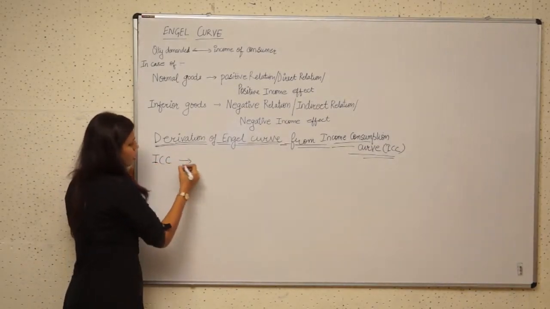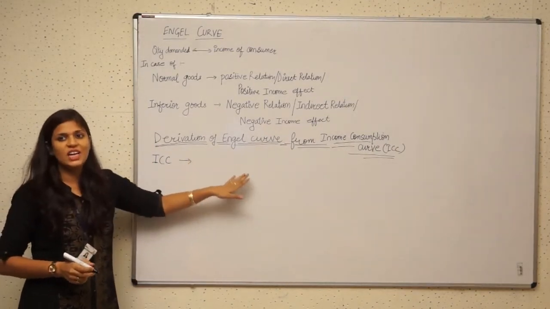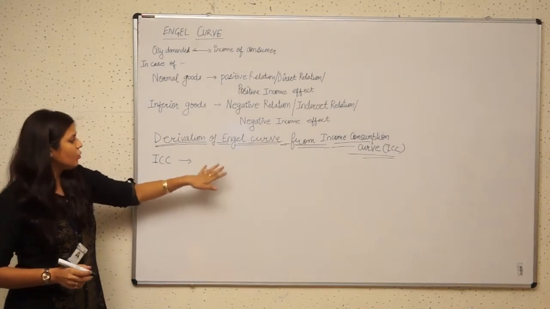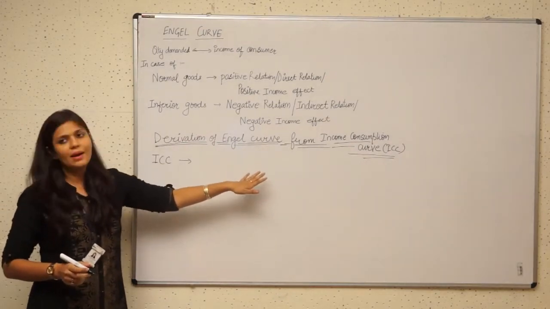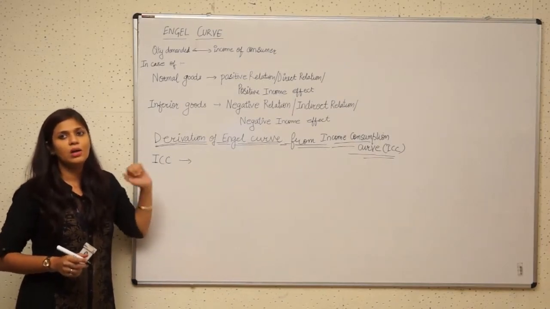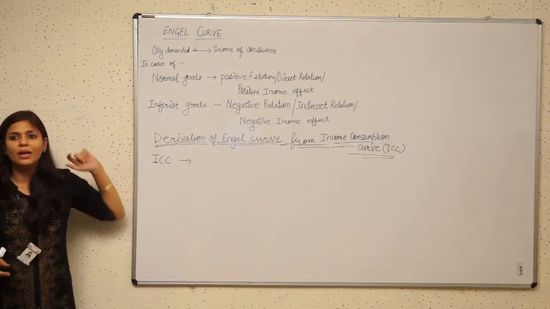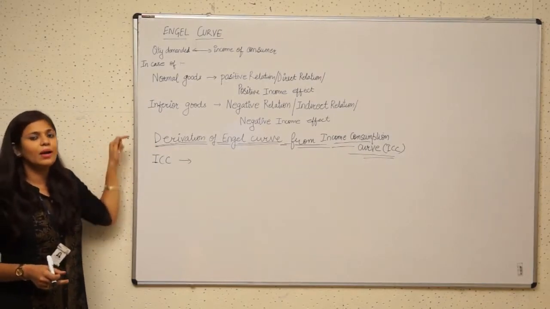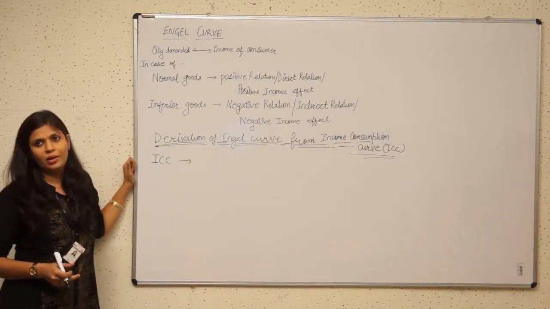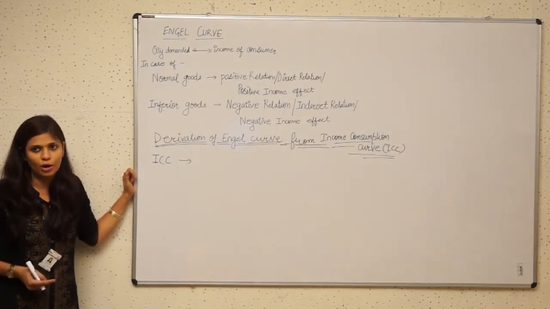Income consumption curve is the curve that shows the change in the combination of goods demanded by a consumer due to the change in the income of a consumer. Normally we know when the income of a consumer increases, the consumer demands more of a commodity, and when the income falls, the consumer demands less of a commodity.